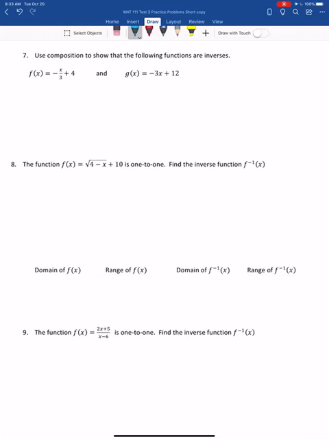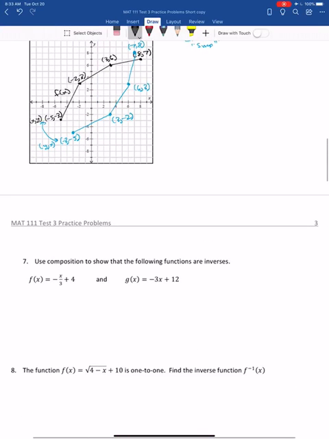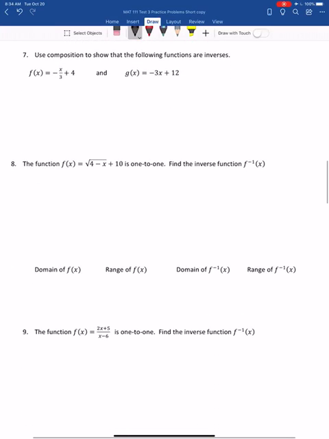It says use composition to show that the following functions are inverses. Well, function graphs, when you look at their inverses, right, their symmetry line is the line y equal x. Two graphs are symmetric to the line y equal x if you have inverses. And the same thing goes with composition.